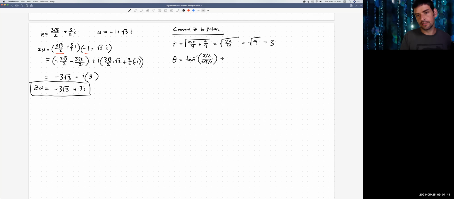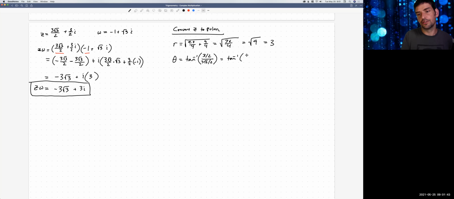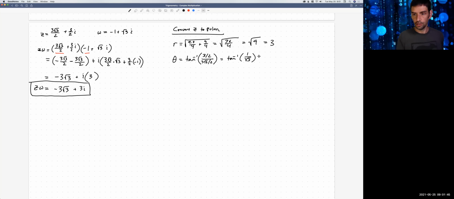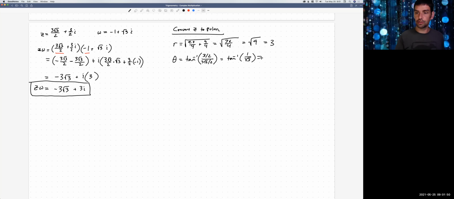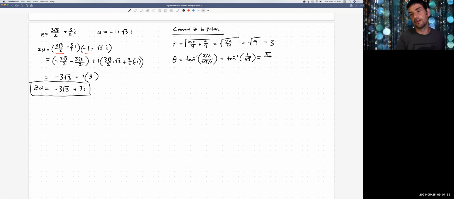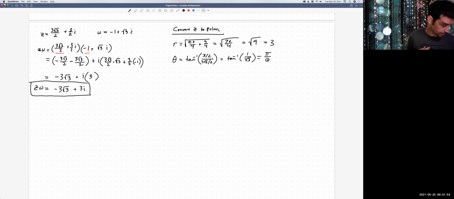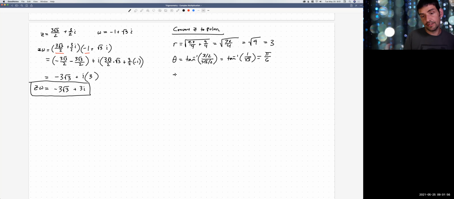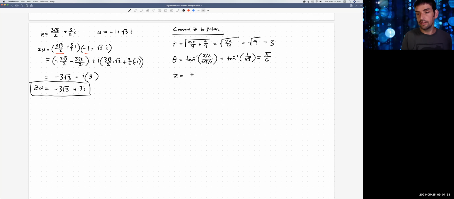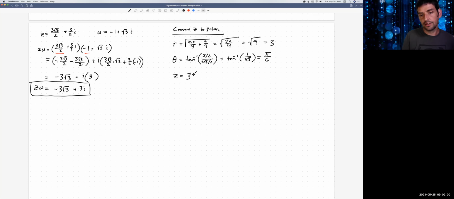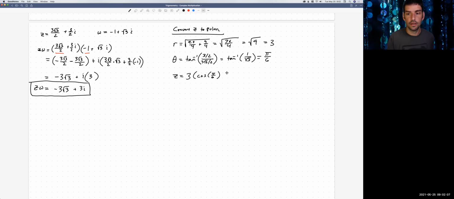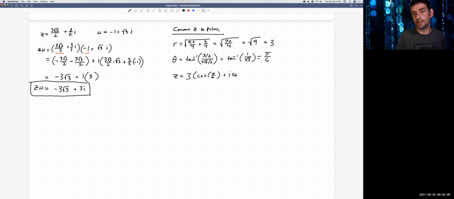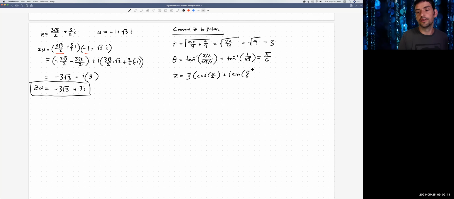And what is this? This is going to be the tangent inverse of 1 over root 3. And so you can take a look at your unit circle. This will turn out to be pi over 6. Right? So that means we can write z as the radius times the cosine of pi over 6 plus i sine of pi over 6.